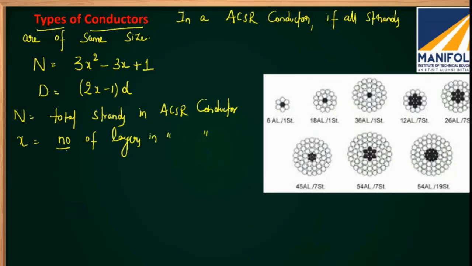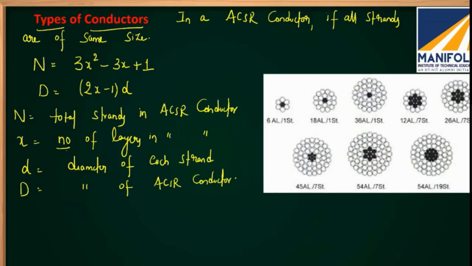Small d is the diameter of each strand and capital D is the diameter of the ACSR conductor on the whole.